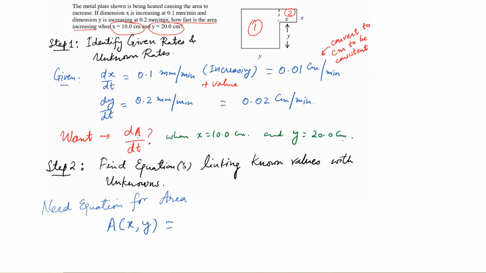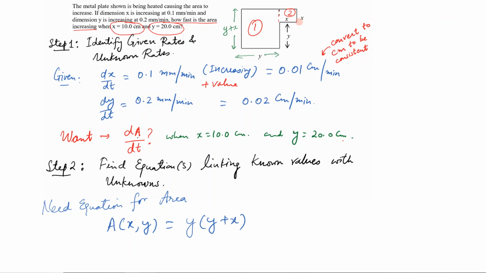In this case, if we try to write the area of shape 1, this dimension would be y plus x, and the other side is y. So for part 1, we have y times (y plus x). That is the area of portion 1.